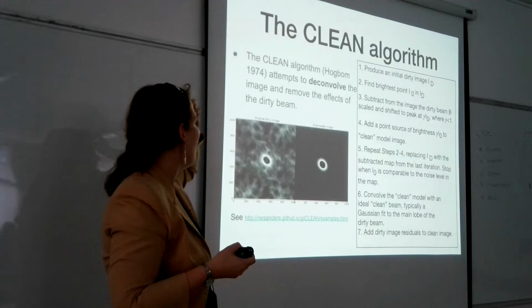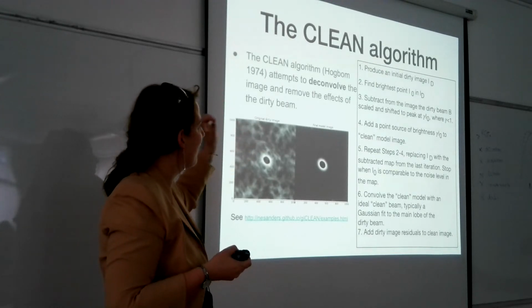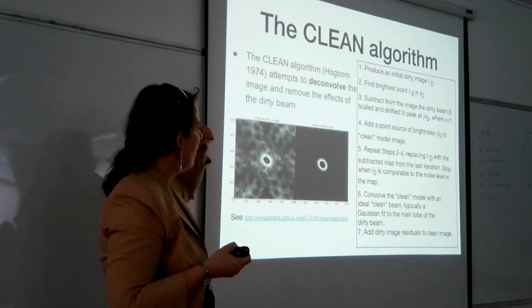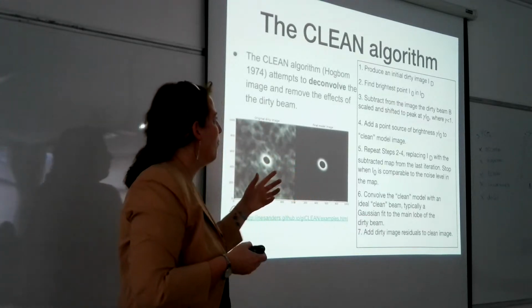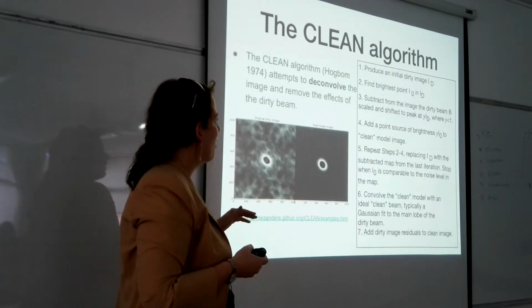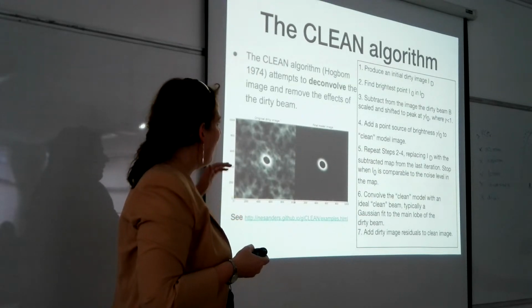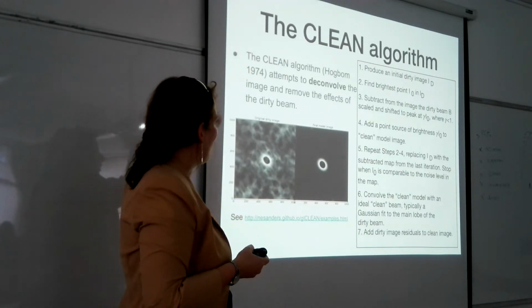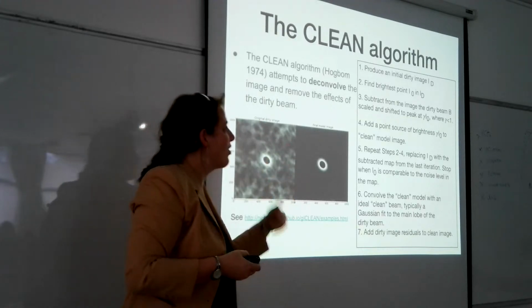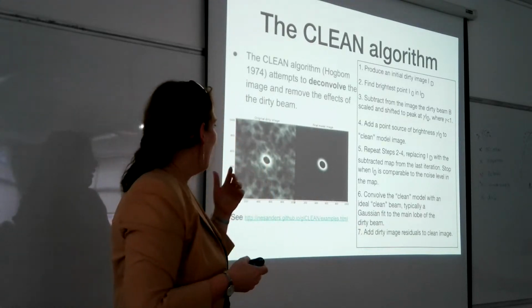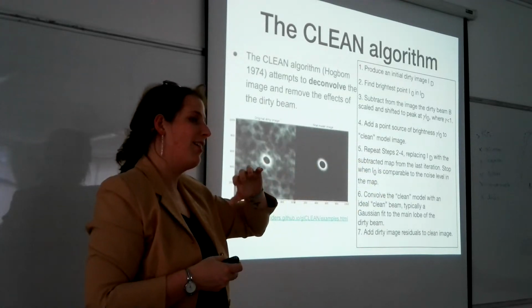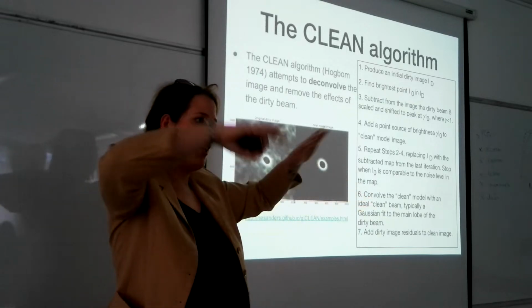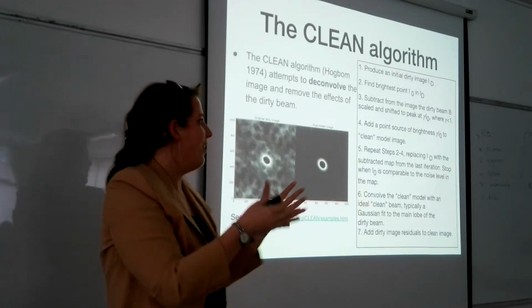Then the software will calculate the brightest points convolved with this dirty beam, and then subtract it from your image. And then you basically start to repeat that process while you keep your residuals every single time, so you know what part is the result of these side lobes, and what part is actually real.